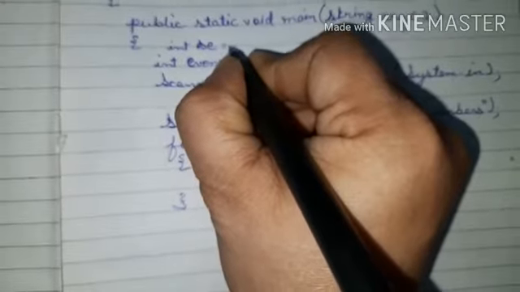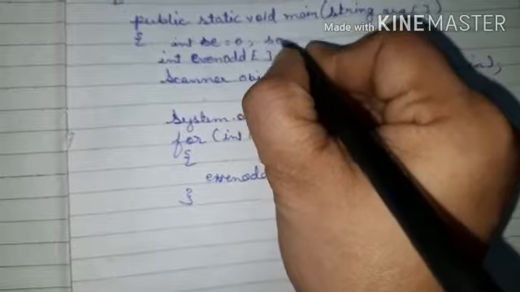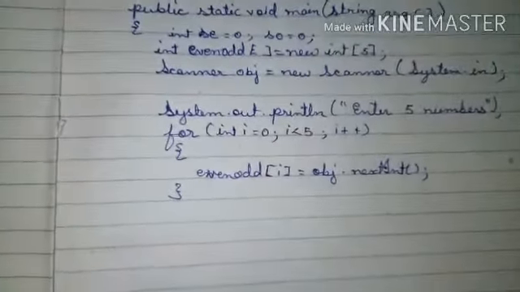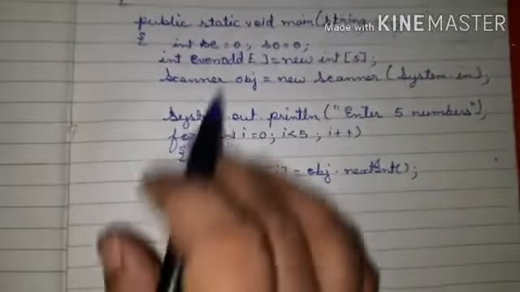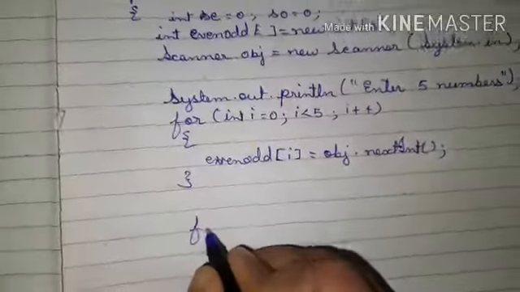So before this, we take two more variables for the calculation: int se equal to 0 and so equal to 0, also initialized to 0, since we are going to keep the values in these two variables.